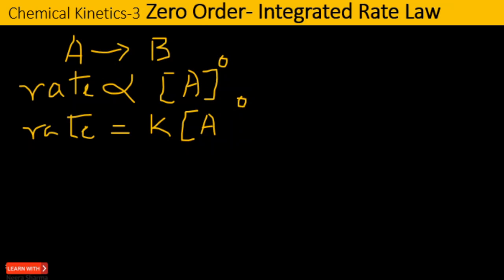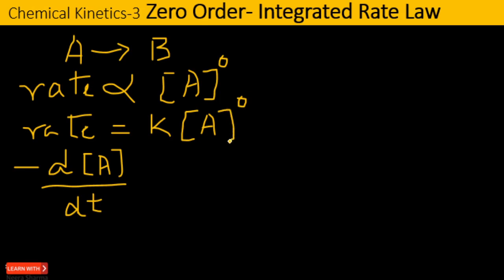In terms of A, we write rate as minus dA by dt, where dA and dt are small changes in concentration and a small change in time. So this will be equal to K into concentration of A raised to the power 0. Now anything raised to the power 0 is 1.